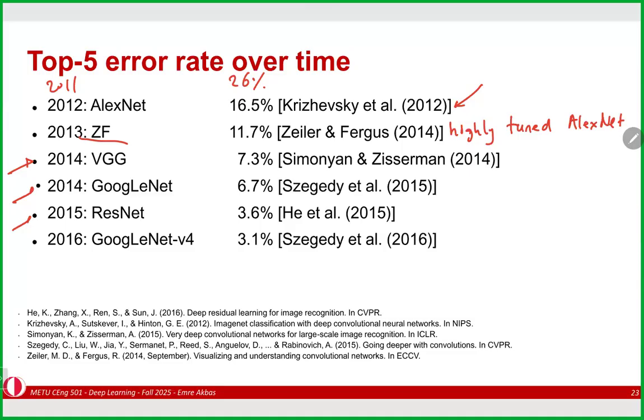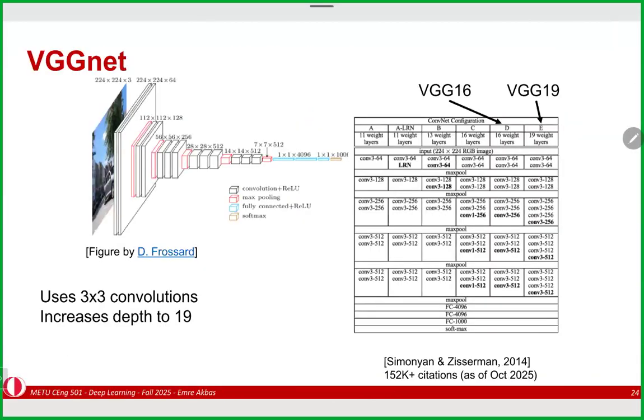We'll start with VGG in 2014. The novelty that VGG brought was, they said, let's not use filters of different sizes. AlexNet used 11 by 11 filters at the beginning, and then later 7 by 7, and then 5 by 5, and so on. Who says that these numbers are optimal? Nobody says that. And it's very difficult to search for the optimal size.